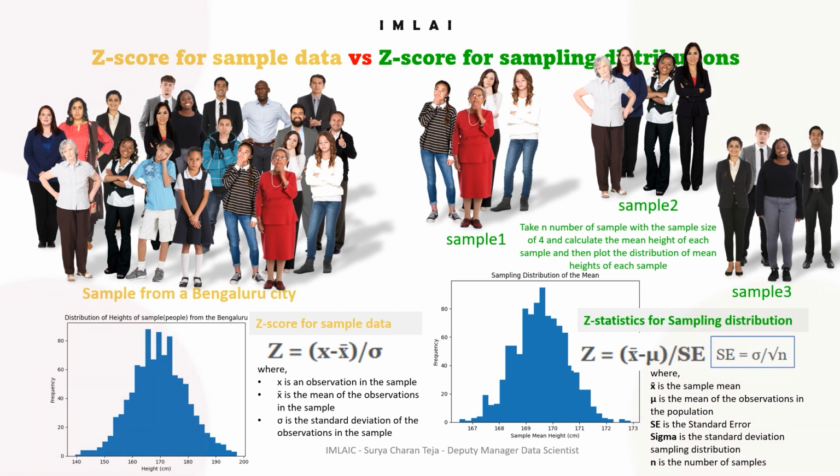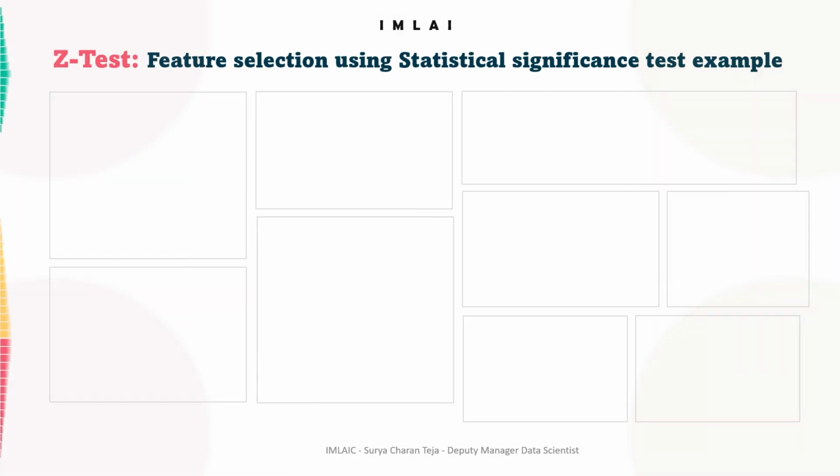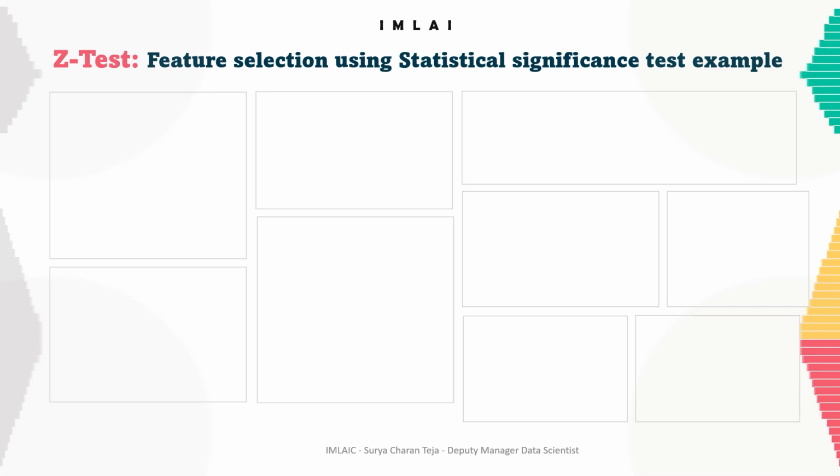Now it's time to demonstrate the usage of z-score to do a statistical significance test between two variables, to understand the statistical significance of the relationship between two variables, or to do feature selection using a statistical significance test, to select one feature with respect to the target variable using z-test.